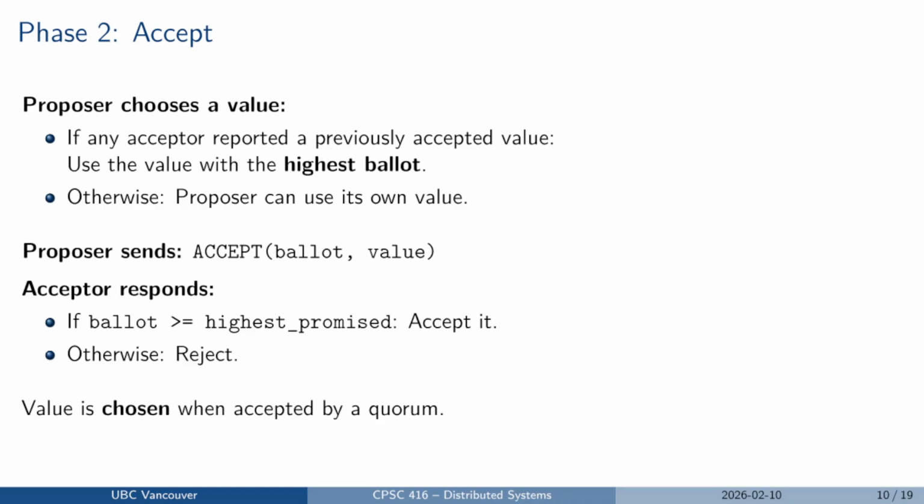So the proposer either uses the value of the highest ballot it hears about, or it uses its own value. So as I was looking at the slide, the proposer has a value, but hasn't proposed its value. It's just proposed that it gets to choose the value. That's the distinction here.